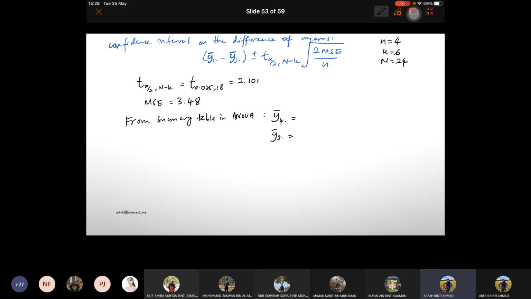Kolom keempat, the average is 17.75, dan y bar 3 dot, kolom ketiga, the average is 18.175.